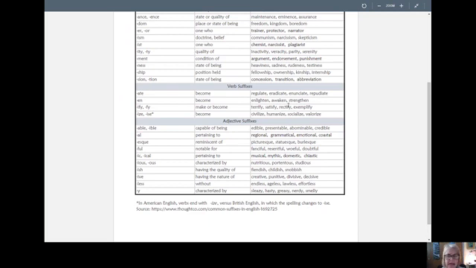Okay, IZE and ISE. Now this one, typically we just use IZE, and you notice there's a little asterisk here, and at the bottom it says in American English verbs end with IZE. I think I just said that backwards, didn't I?